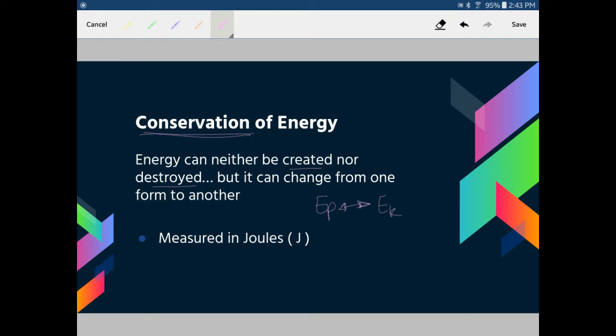So we can compare these values of potential energy, again that's stored energy, to energy of movement, or kinetic energy. Now energy is measured in joules, and in general for this chemistry unit, we're actually going to be looking at our units in kilojoules. So be sure that you're keeping track of your units as we go through.